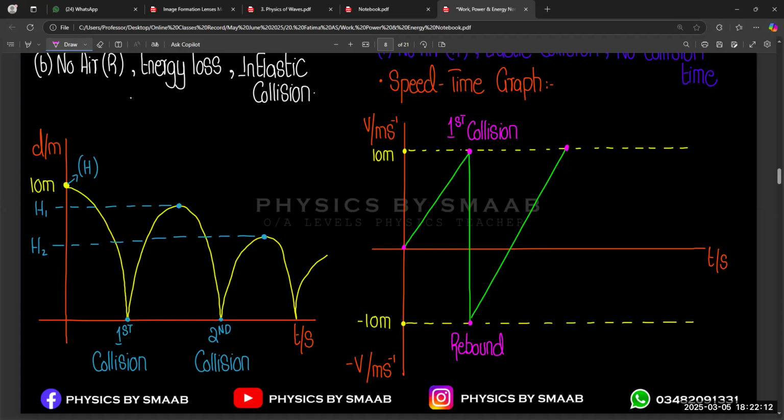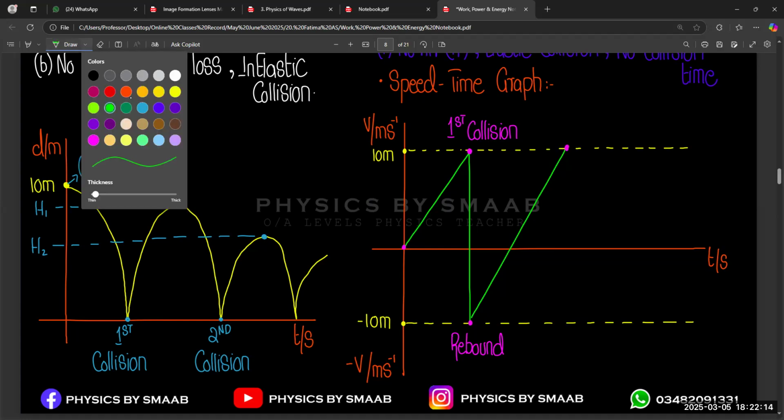And after the second bounce, without any delay, it again starts to rebound.